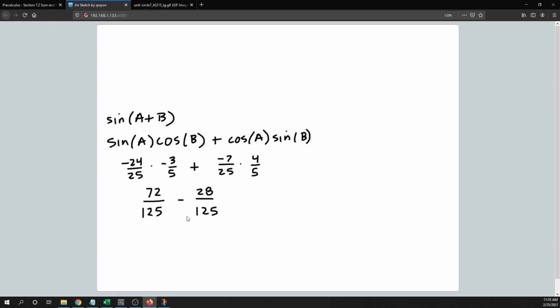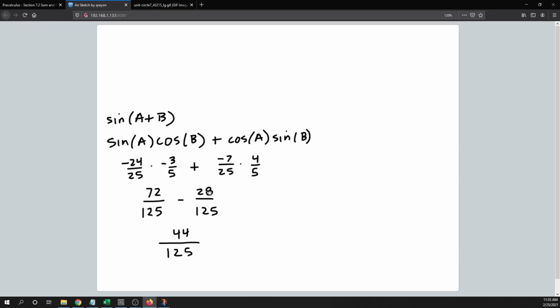Okay, and so now these are two fractions, and they have a common denominator, so we can combine this pretty easily into one fraction. All we would do is subtract the numerators and then keep it over the same denominator. So 72 minus 28 would be 44.